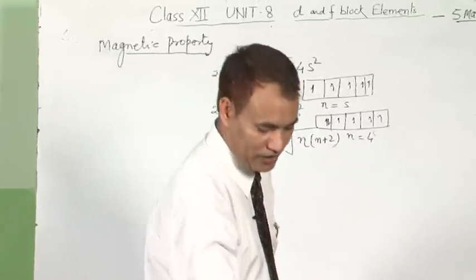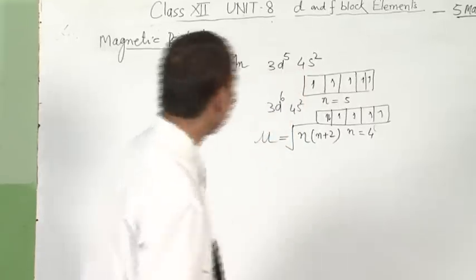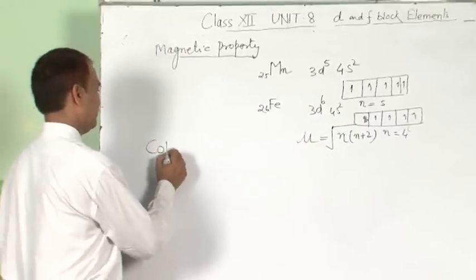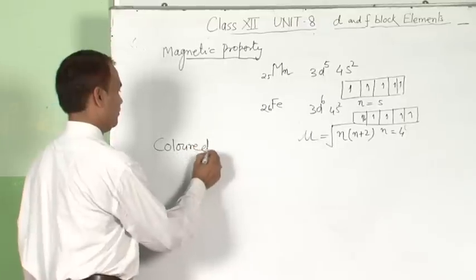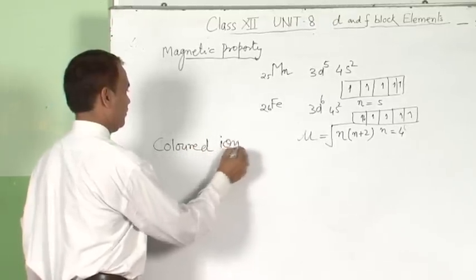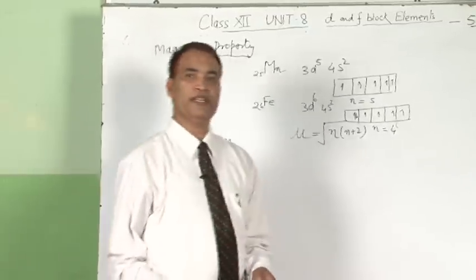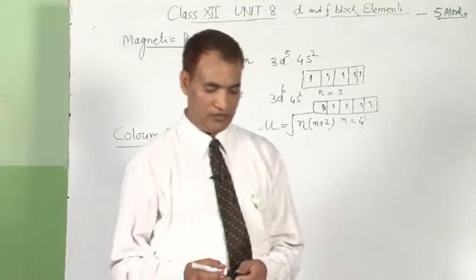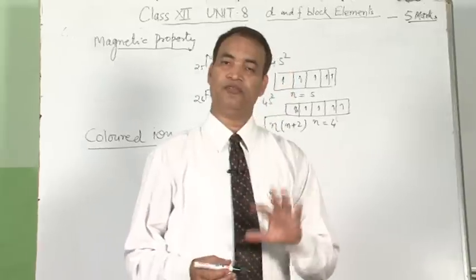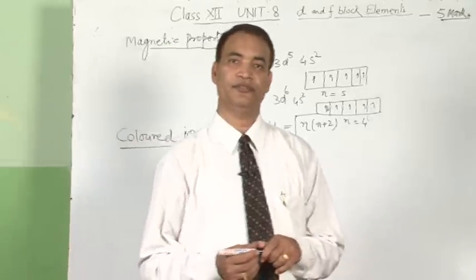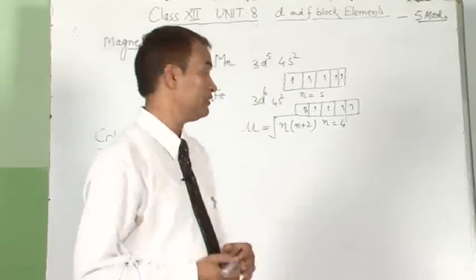Next one, the formation of colored ions. Transition metals form colored ions. This property again can be explained on the basis of electronic configuration. The first question asked is why transition metals form colored ions, or why they are colored.